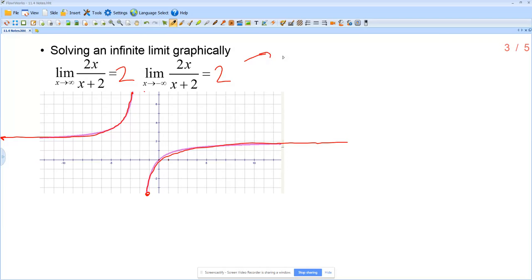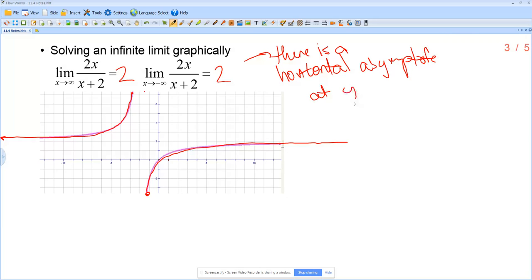And this is just telling me that there is a horizontal asymptote at y equals 2, because remember that your limit is a y value.